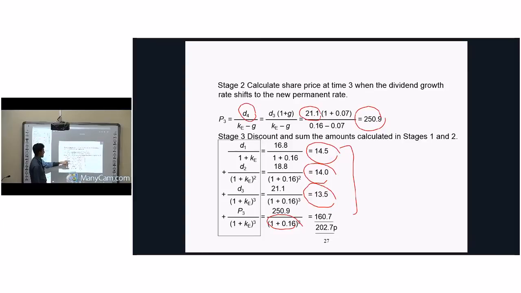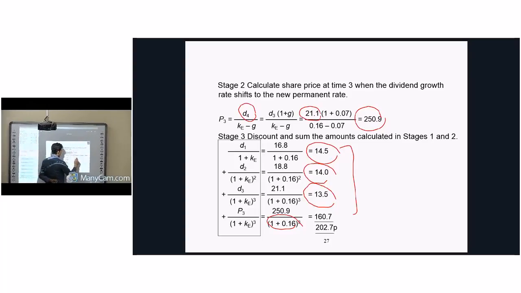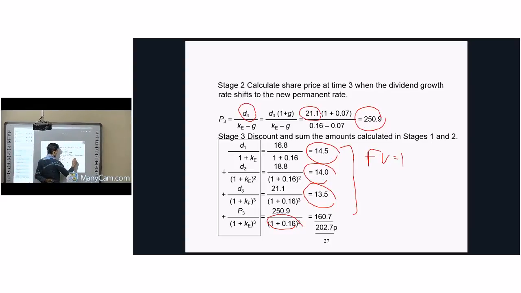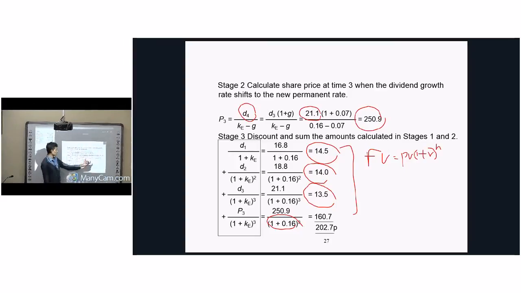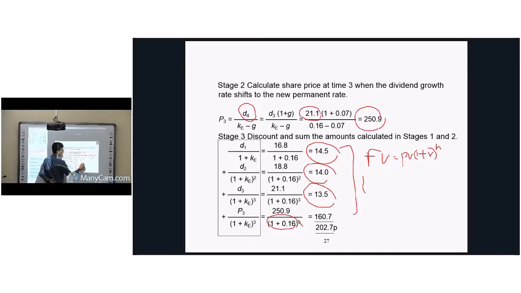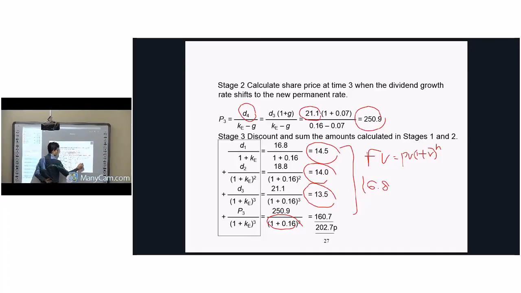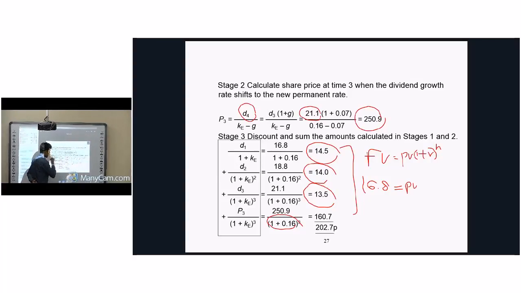If you take this one, the discount, I'm sure you know the present value. If I just quickly tell you about the mechanism, future value equals present value times 1 plus r to the power n. This was the equation. So we have the future value, that is 16.8. What we want is the present value. R is the rate of return, cost of capital.